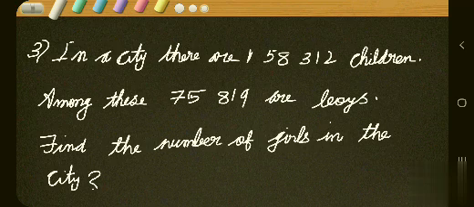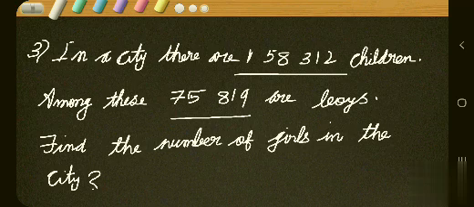So what we have to find out? The number of girls has to be found. How much children are there in the city? 1,58,312 children are there. Among these, how many are boys? Yes, 75,819 are boys. And surely the balance will be the number of girls, isn't it? The remaining will be the number of girls.